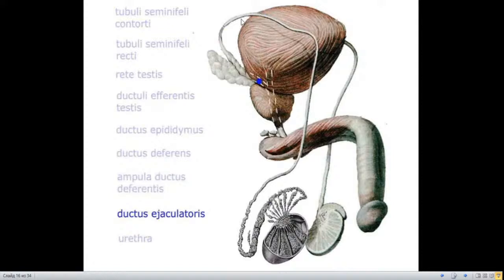Then the ductus deferens, its terminal dilated part, the ampulla, joins the excretory duct of the seminal vesicles to form the ejaculatory duct, and the ejaculatory duct opens to the prostatic urethra. Male urethra, especially the prostatic part.